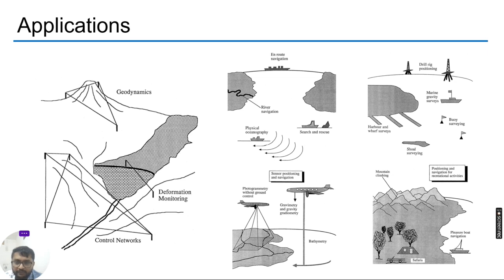What we can do is put our GPS receivers there and continuously monitor the particular bridge or reservoir, and based on that we take the initial position and the position after 5 years, or after 1 year or 1 month, whatever temporal resolution we want.